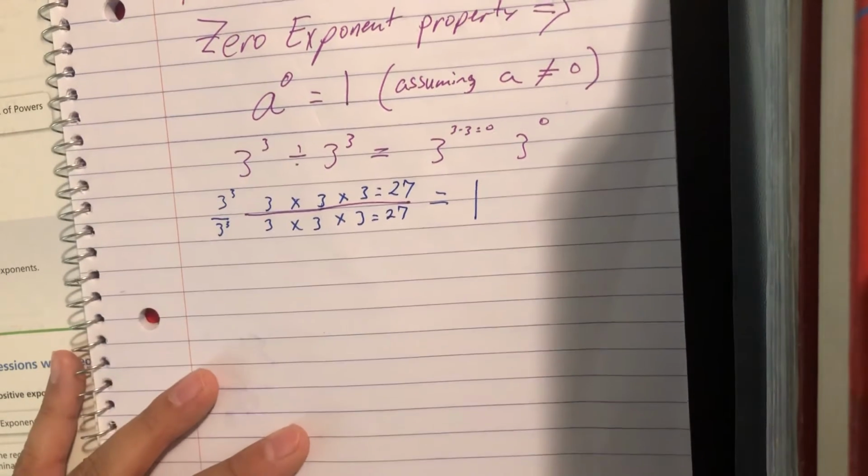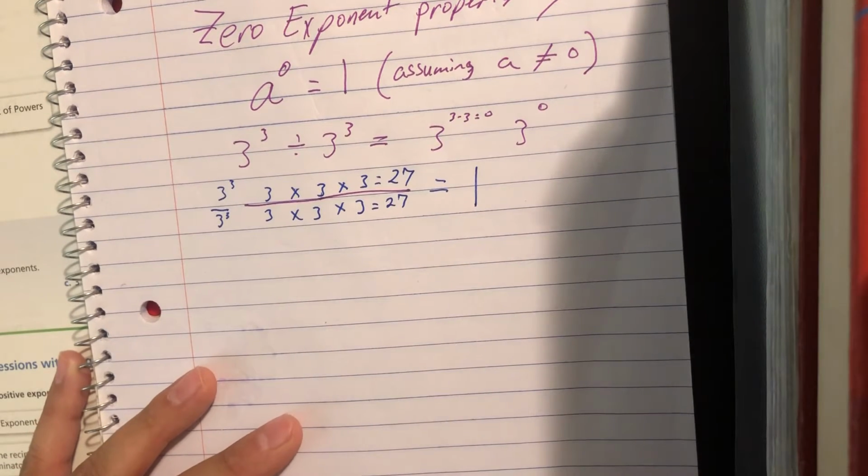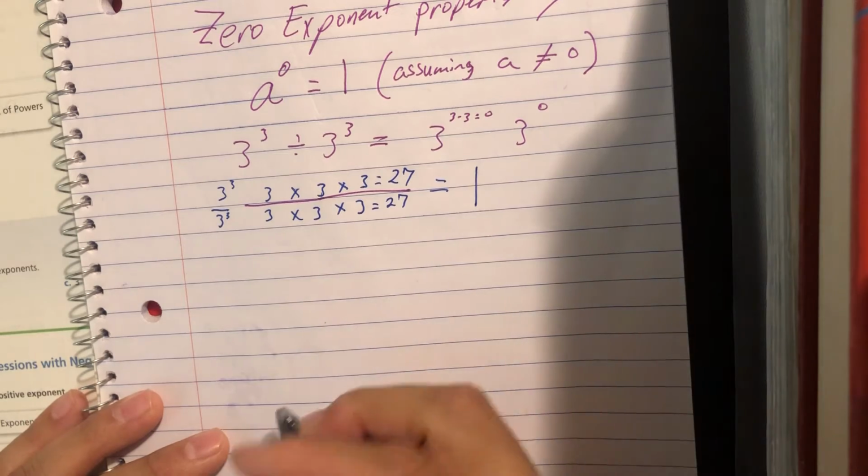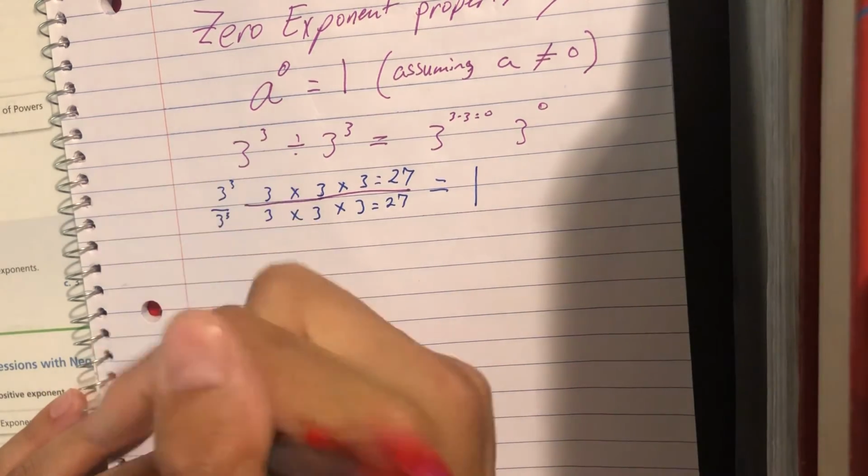But as I started saying, there is also the negative exponent property.